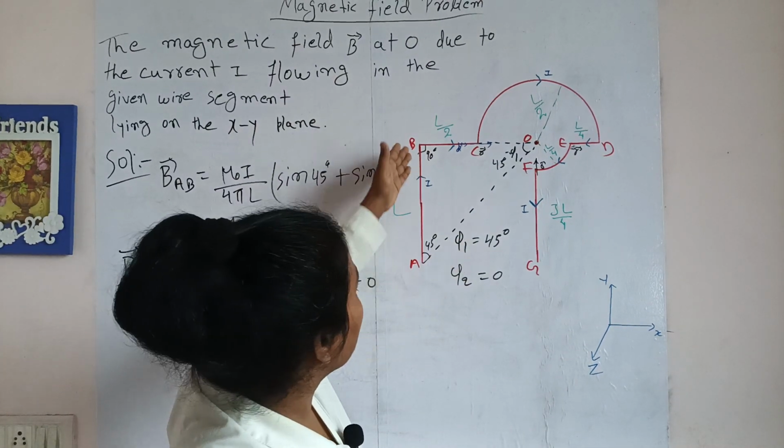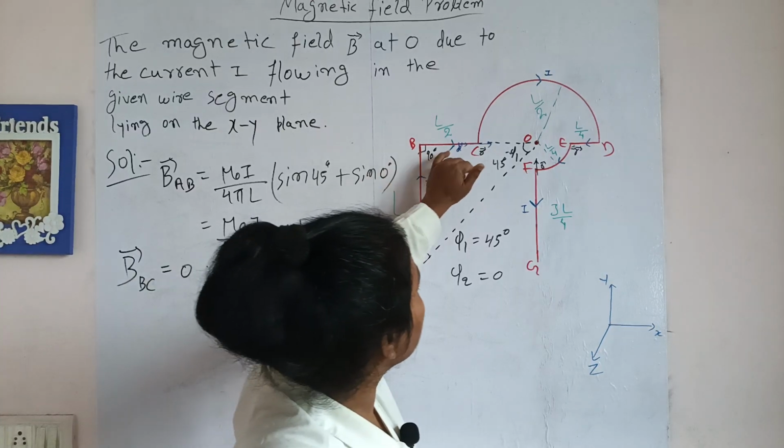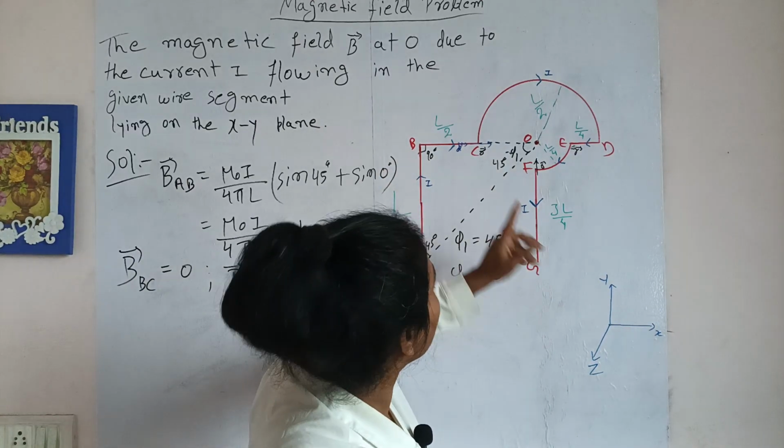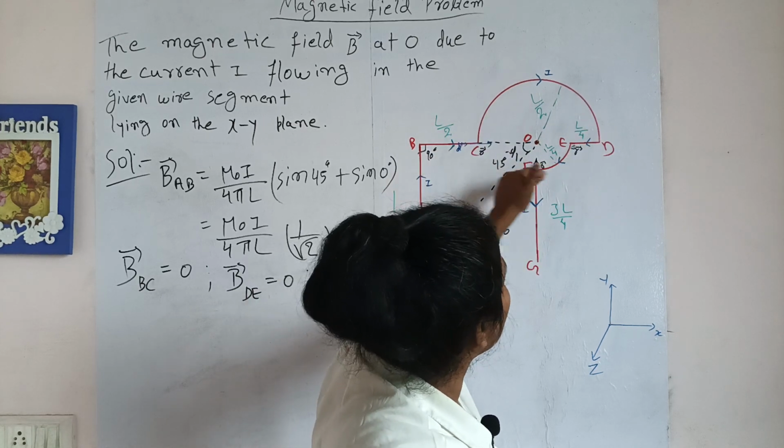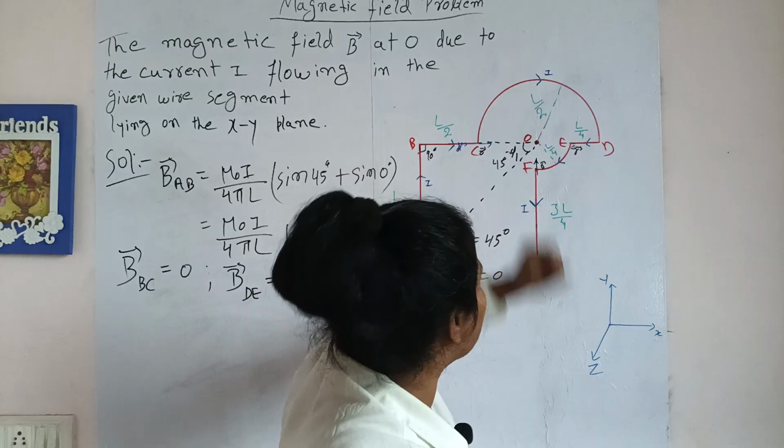Now what remained? We find the field due to this section and this section. These two, the semicircular arc and the quarter circular arc, have some field here.